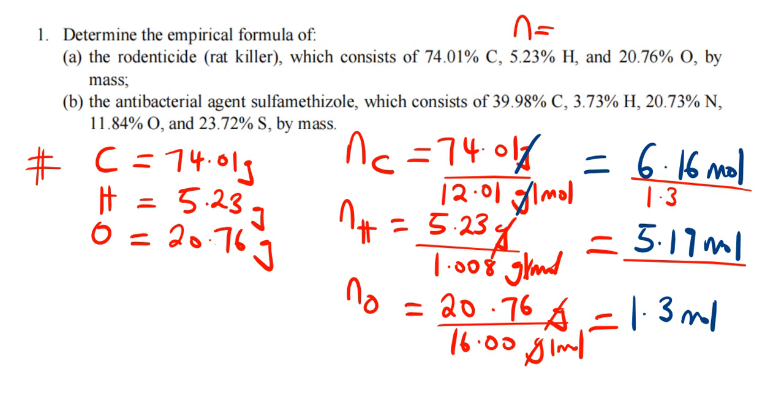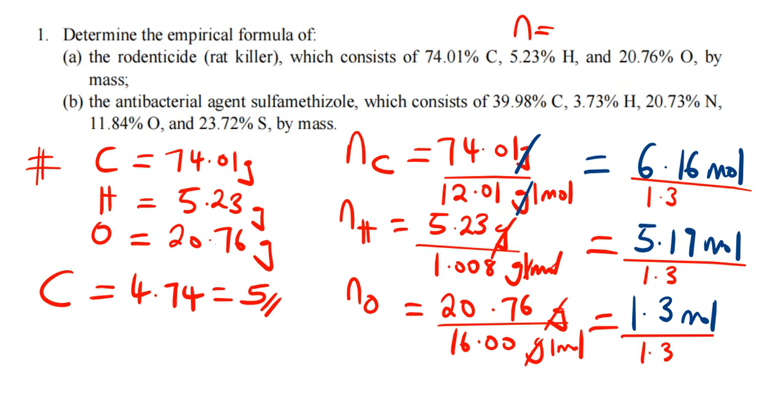For carbon, 6.16 divided by 1.3 gives 4.74, which I'll round off to the nearest whole number, 5.